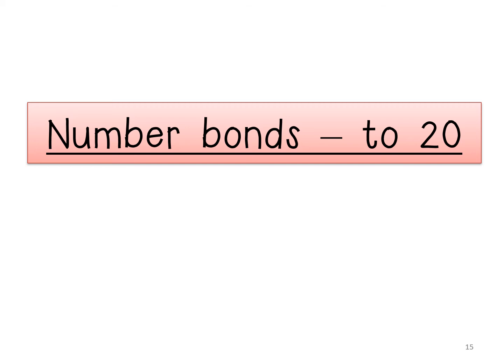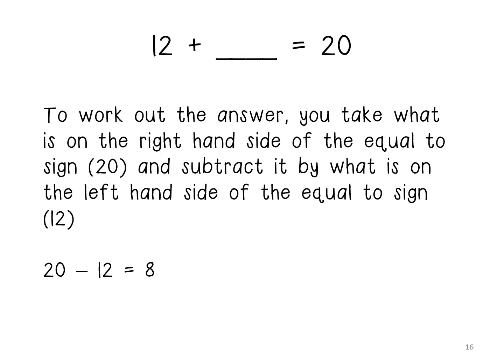Now learners, we are going to be doing our number bonds to 20. So boys and girls, let us do an example. The sum says 12 plus something is equal to 20.